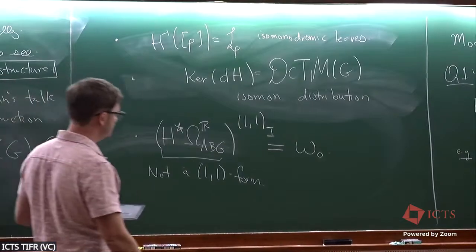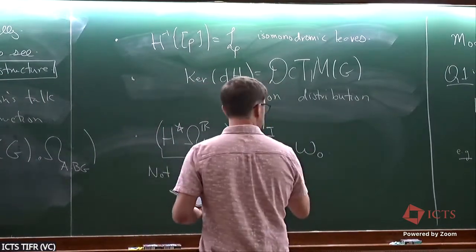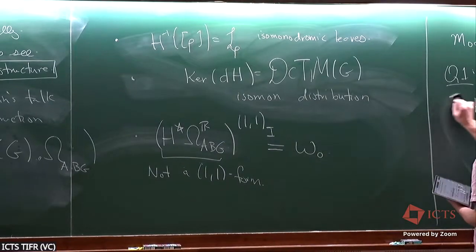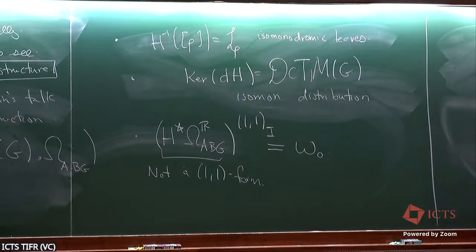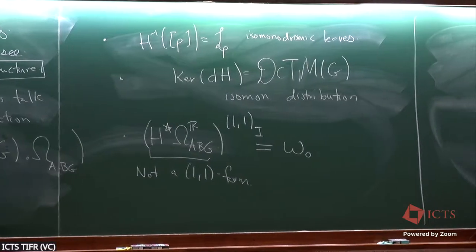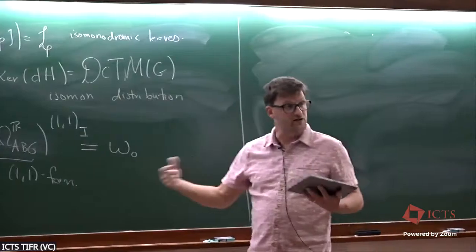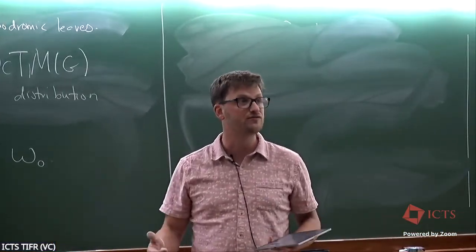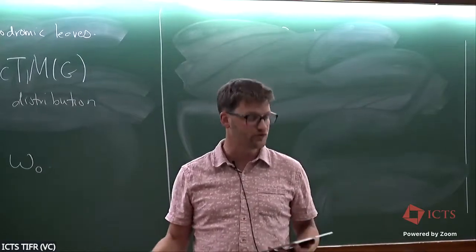Okay, so it turns out omega naught is closed, and it is compatible with the complex structure. Now I'm going to look at the associated Hermitian form, which I wanted to be the Kähler metric.